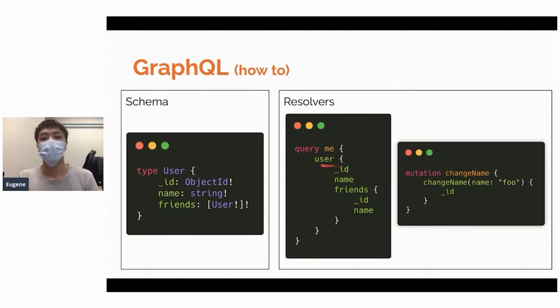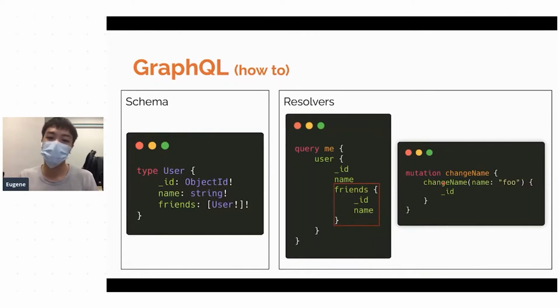For example, in this case, I want to use the function me to get myself. Also, a mutation will cause a permanent change in your database. They are semantically different, but the implementation is almost similar.